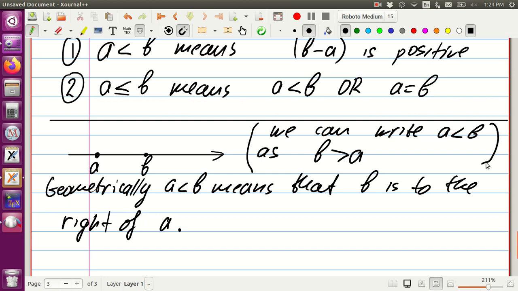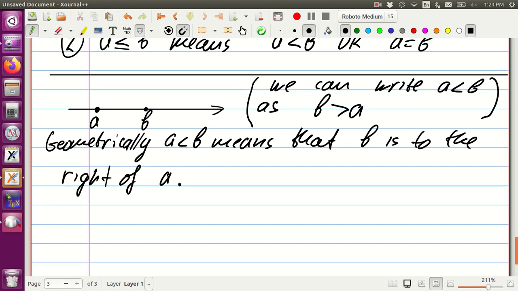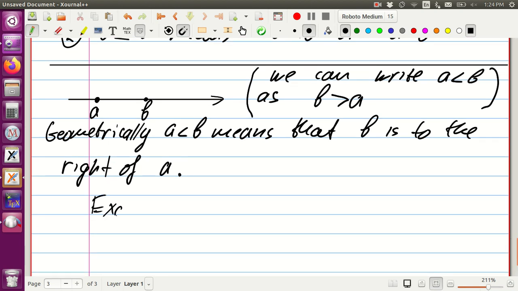All right, so what would be a couple of examples for these ideas? We know that 5 is less than 9. We also know that 11 is bigger or equal than 4. Why is it bigger or equal than 4?